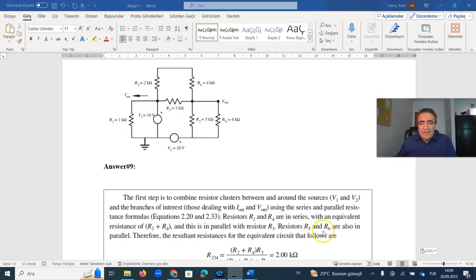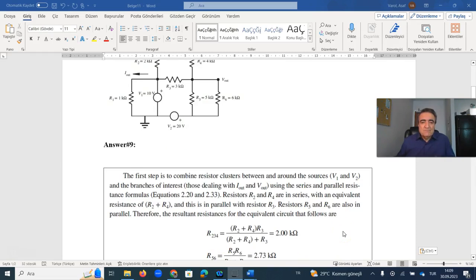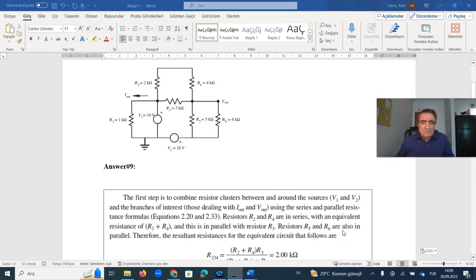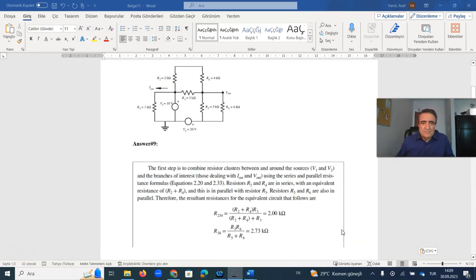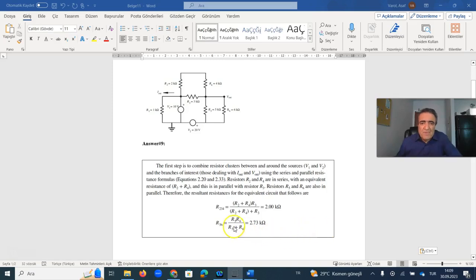Resistors R5 and R6 are also in parallel. You see here, these are parallel. Therefore, the resultant resistance for the equivalent circuit follows here, R234.